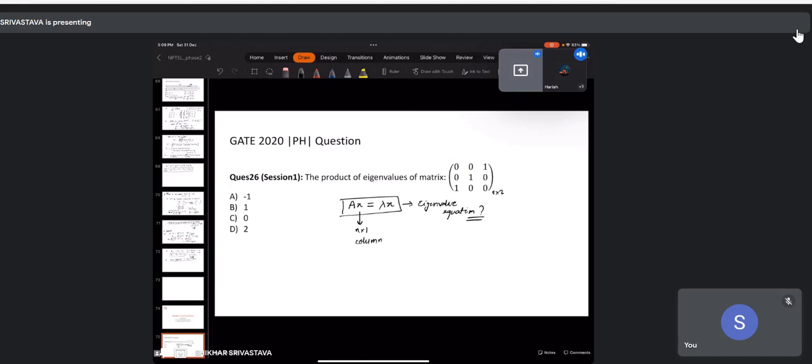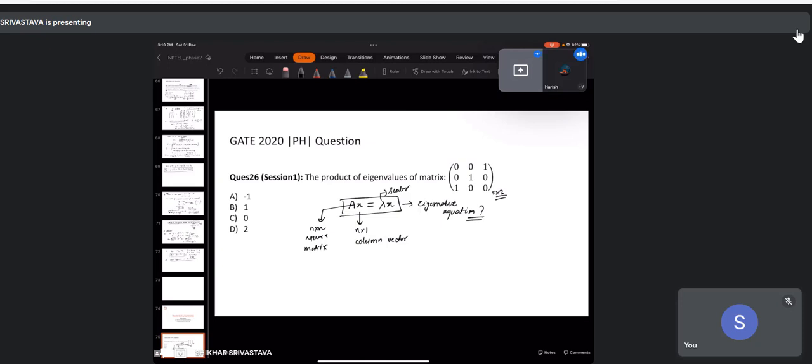It represents any vector in 3 dimensions, or here it is 3 cross 1, so it is any vector in 3 dimensions, having 3 components in 3 directions. Then A is some n cross n square matrix. It is some operator which operates on this column vector space. Lambda here is some scalar quantity, and X is already this n cross 1 column vector.